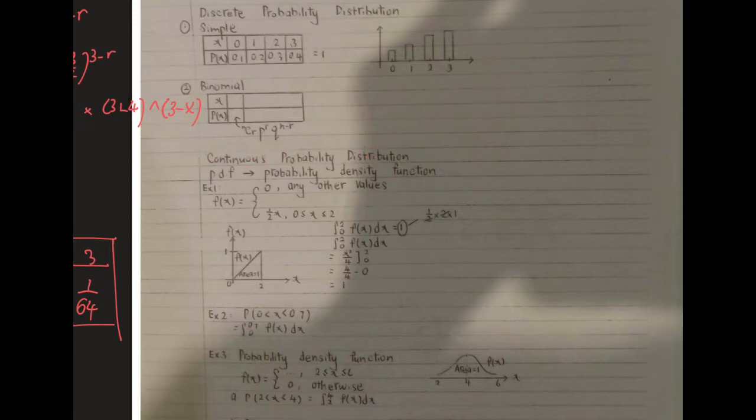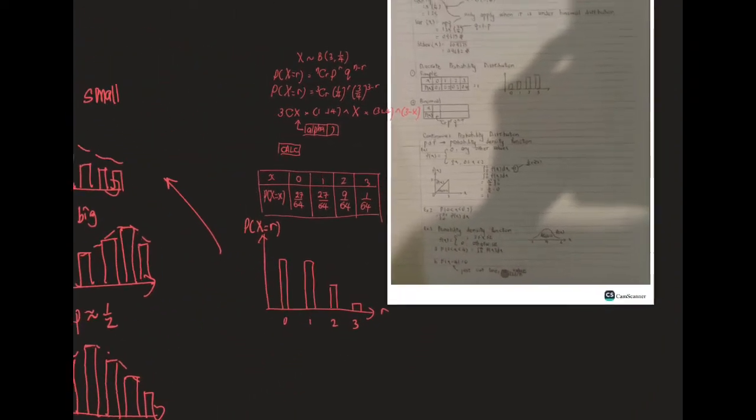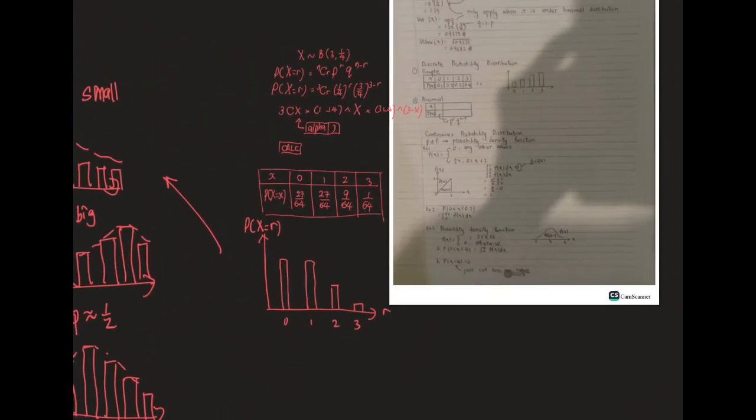So conclusion for binomial. First, the formula. What formula do we need to remember? Probability formula. And then mean, E(X) equal to np.